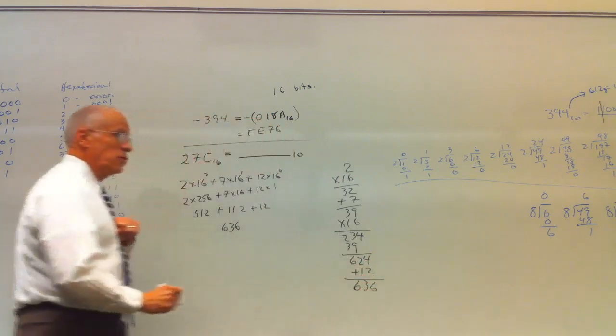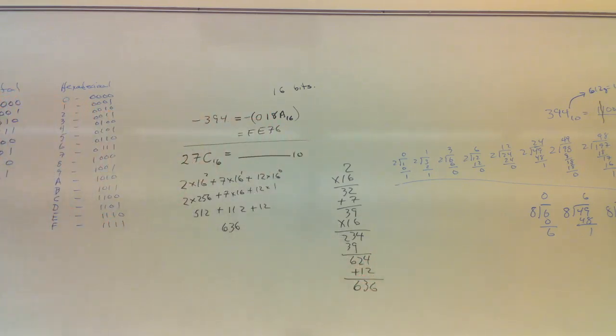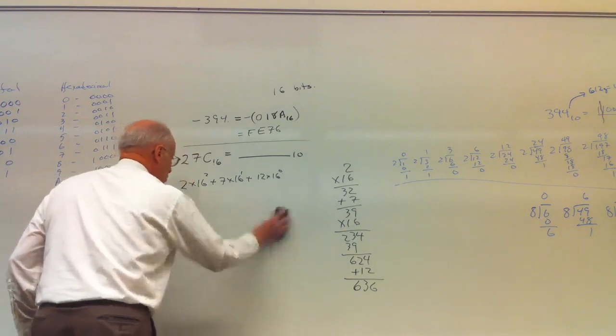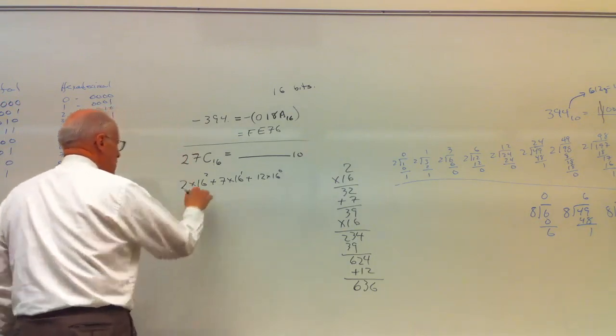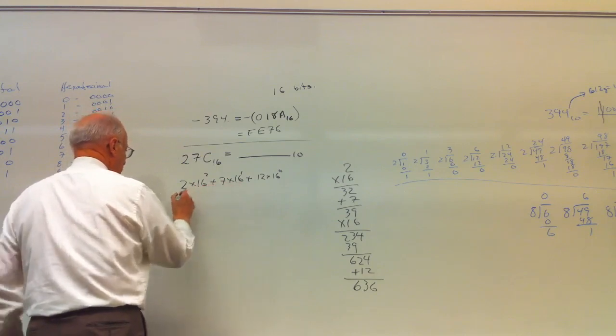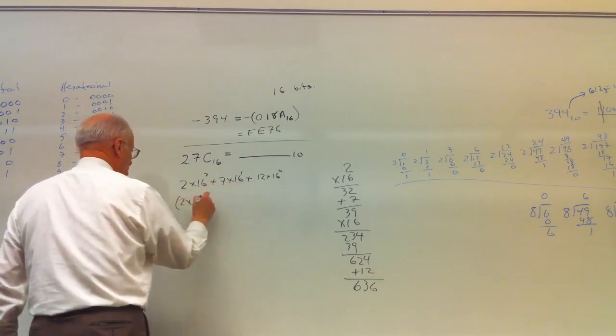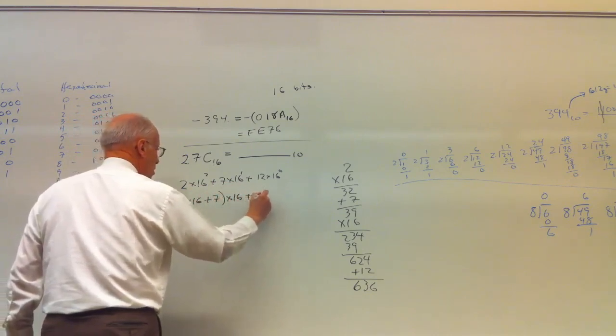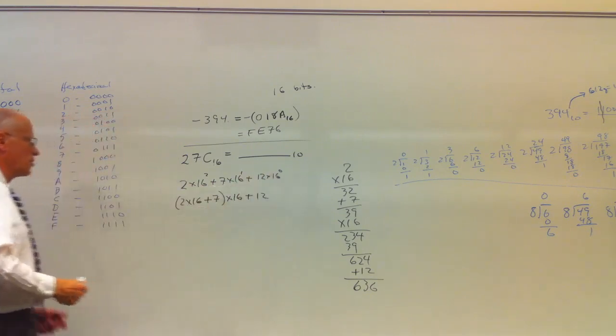When you get to the last digit, you're done. How does it work? Well, the way it works is this. If you look at this thing and factor out a 16, you're left with 2 times 16 plus 7 times 16 plus 12. That 16 to the 0 is just 1.